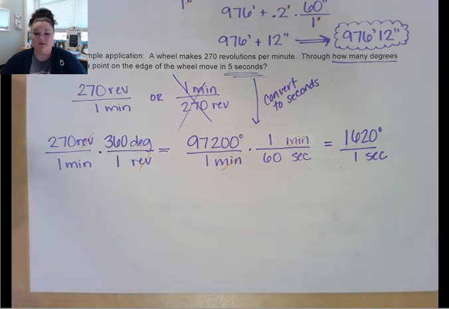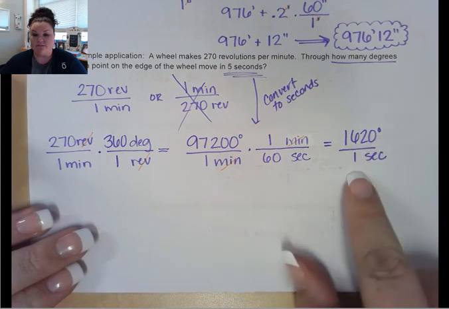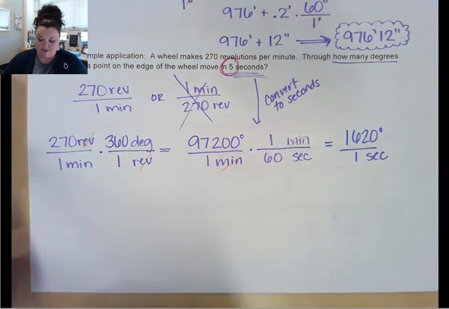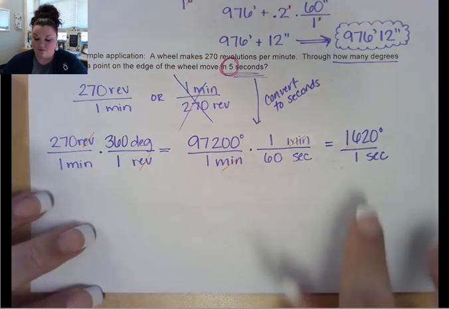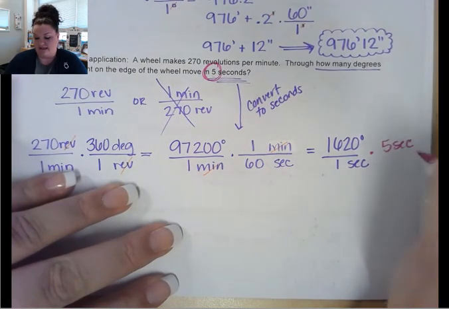We're almost there. Now we know the rate at which this point on the wheel is moving around: 1,620 degrees per second. But remember, it wants to know how many degrees it will have moved in 5 seconds. Now that we know the rate, all we have to do is multiply that times 5 seconds.